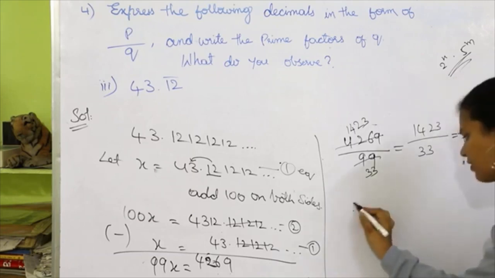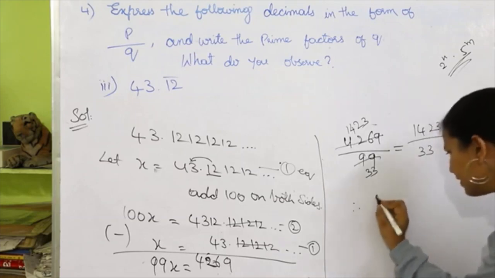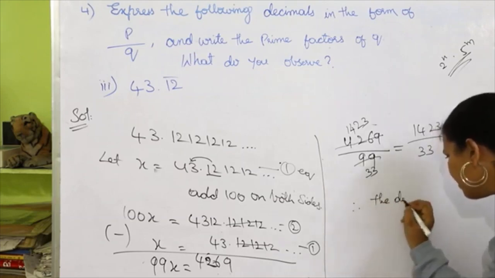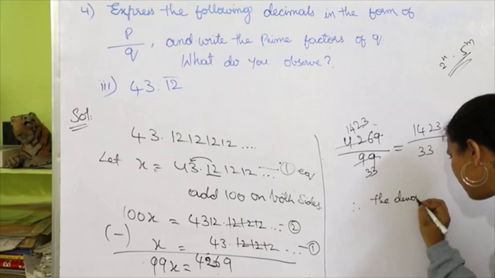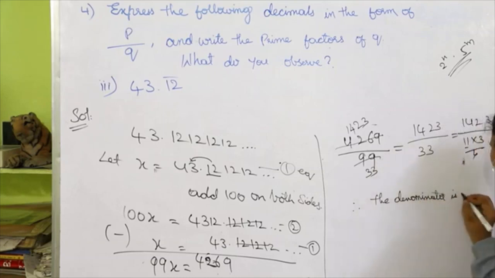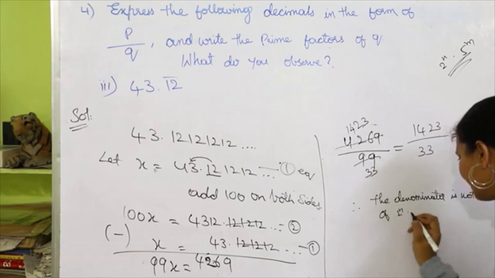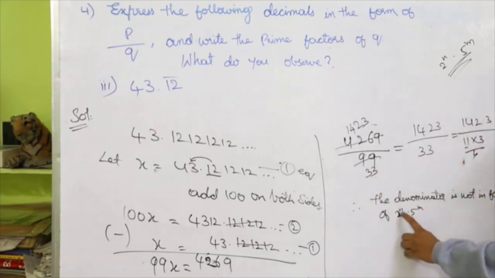So therefore I will conclude by writing the 3 points that we know. So the first point is the denominator is not in the form of 2 power n into 5 power m, right? First point is, remember, the denominator is not in the form of 2 power n into 5 power m.